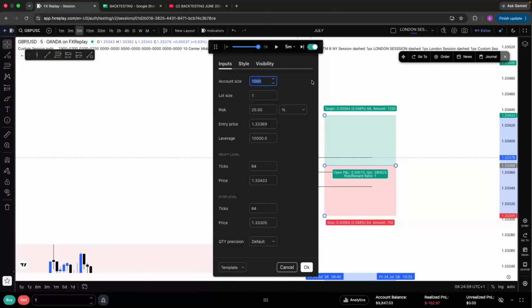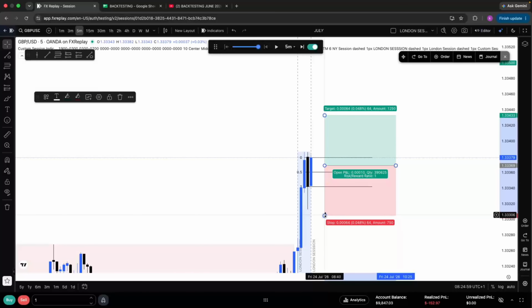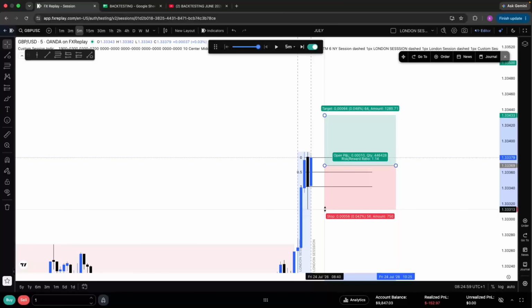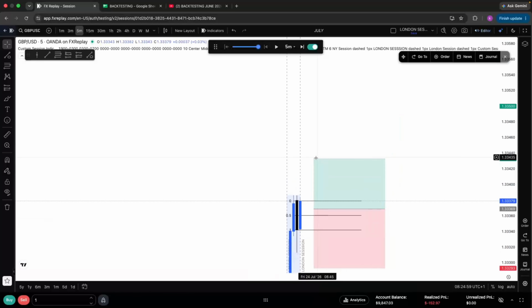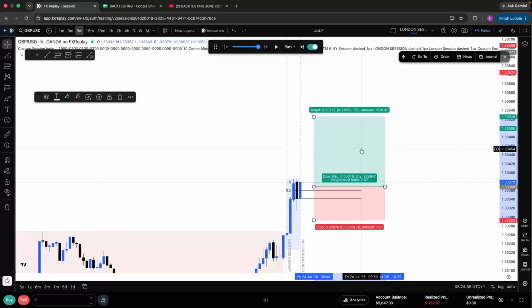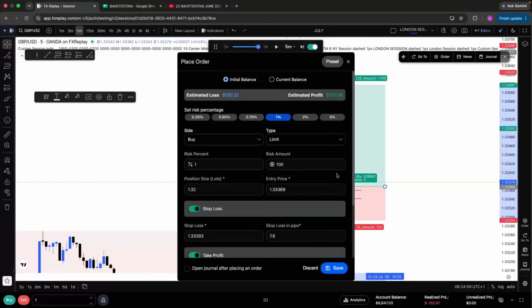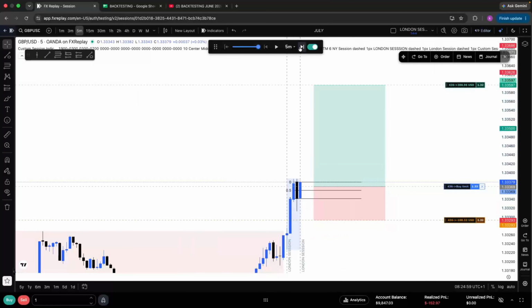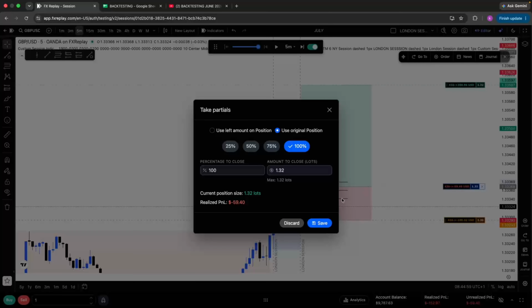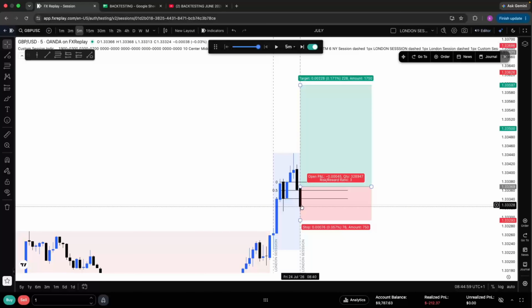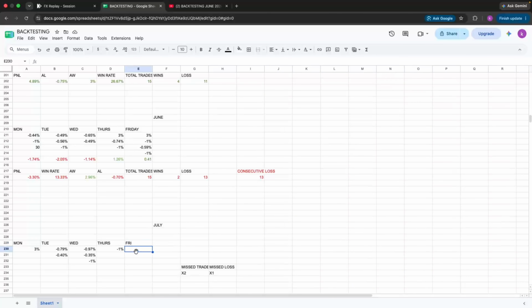I follow my rules as much as possible, even if it looks stupid, even if it doesn't look right. 56, 76. Tag me in the trade. Break of structure to the downside instantly. Minus 0.59 on Friday.